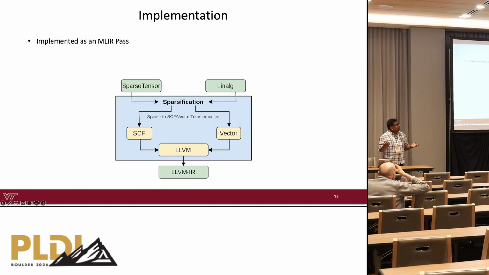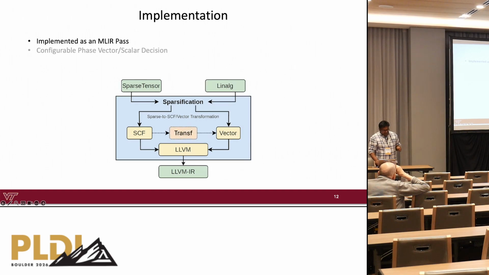Linear algebra loops are regular loops, so you can directly lower them to the vector dialect. So they are readily vectorized, and the sparse coiteration loops won't get vectorized. They are in SCF form. So what we did here is implement this vectorization strategy that I have been explaining into a pass that takes these structured control flow loops and turns them into vector IR instructions.